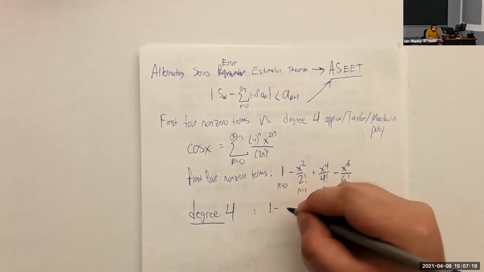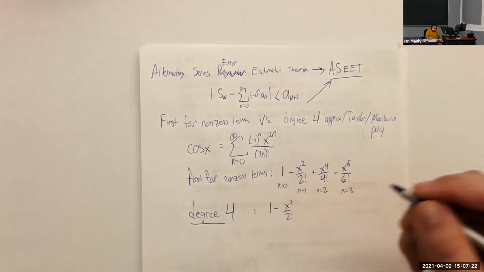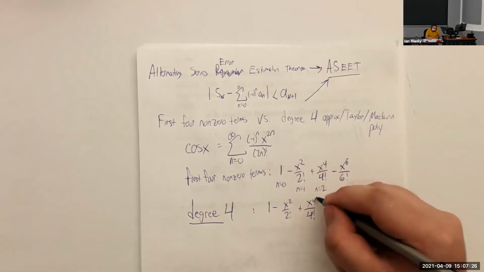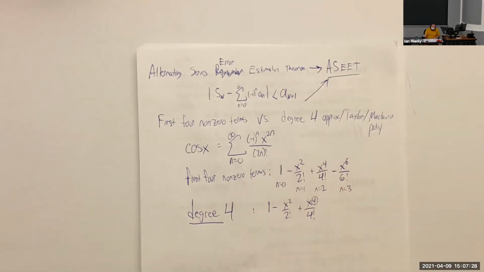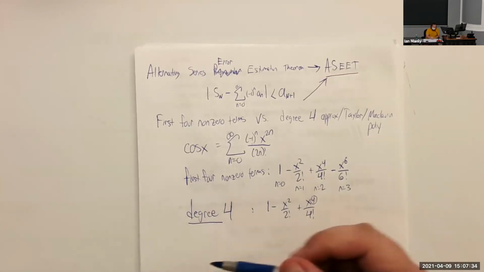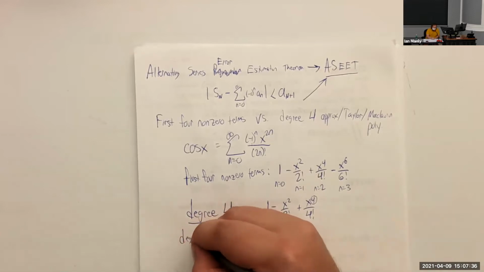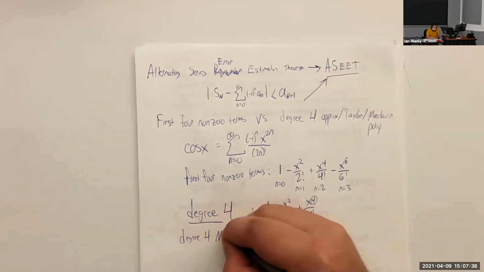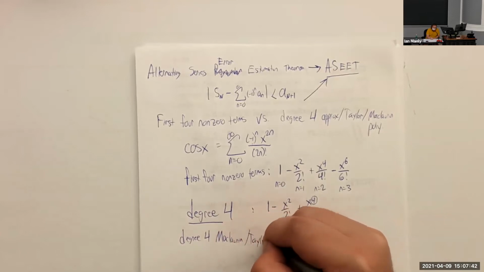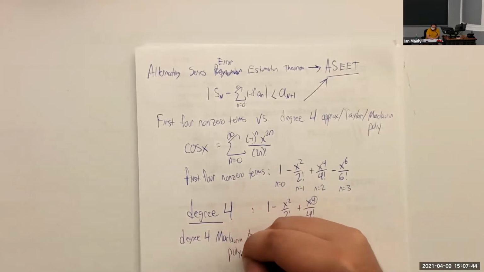So we'd have 1 minus x squared over 2 factorial plus x to the 4th over 4 factorial. And now that we've reached degree 4, then we stop. So this would be a degree 4 approximation of cosine of x, which is also known as the degree 4 Maclaurin, or Taylor in general, polynomial.